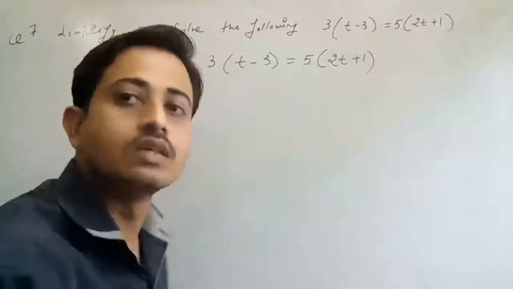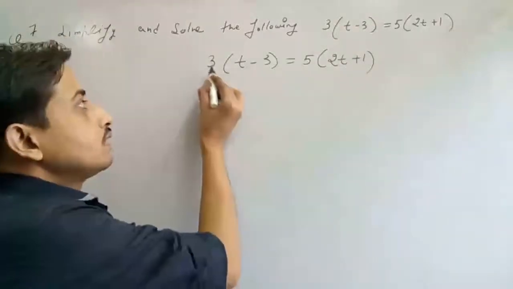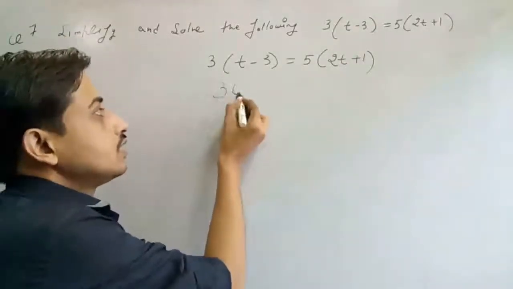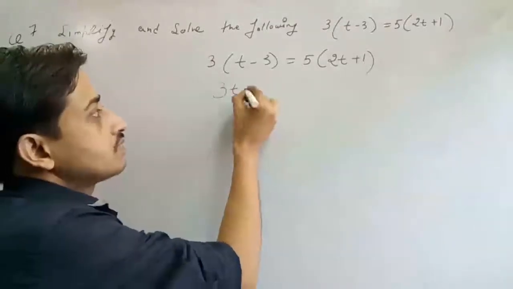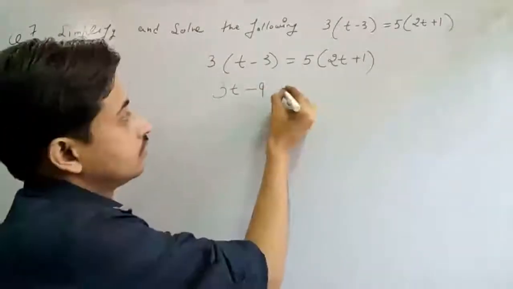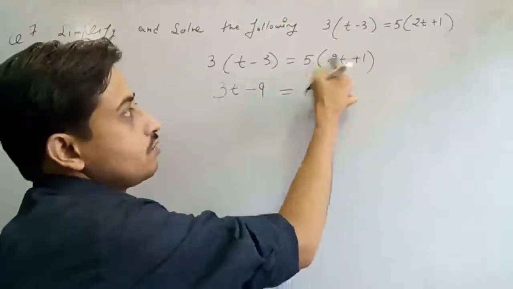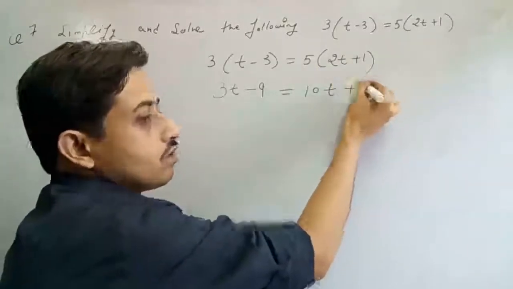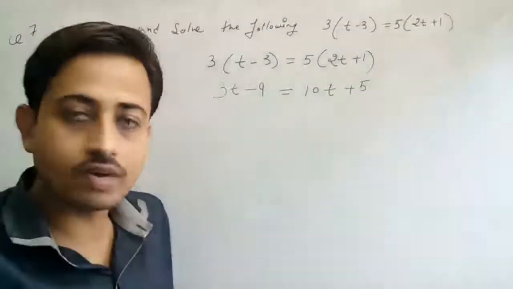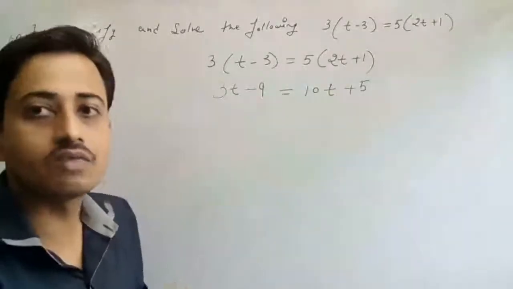What do we have to do? Open the brackets. Now multiply 3 by t. We get 3t. 3 multiplied by minus 3, we get minus 9. 5 multiplied by 2t, 10t. 5 into plus 1, we get 5, because 5 into 1 is 5. Now solve. We have to get the value of t.